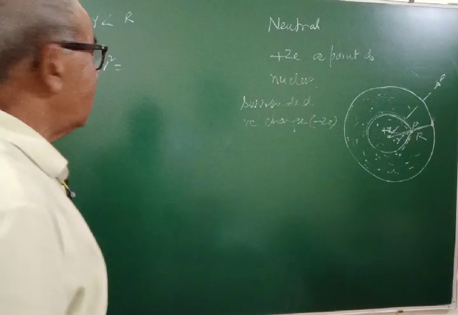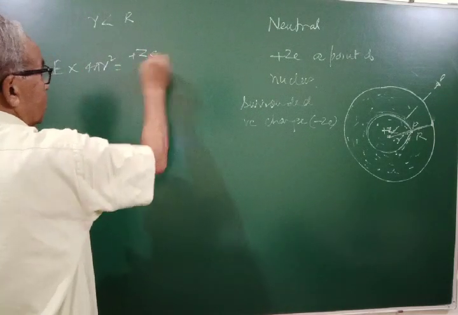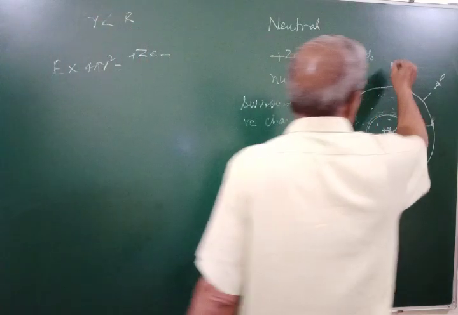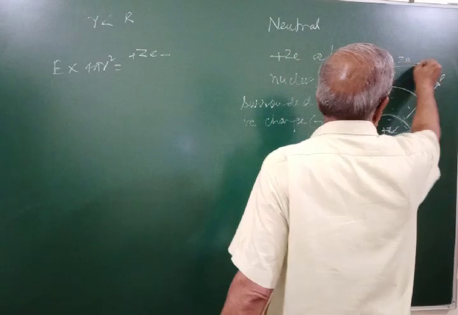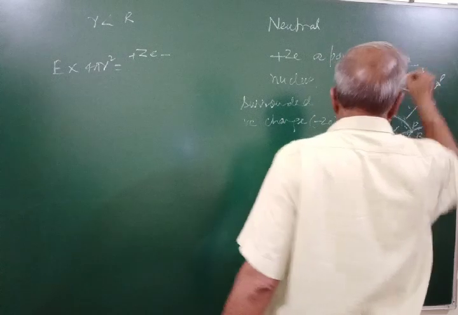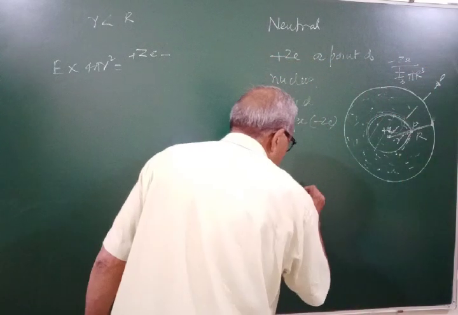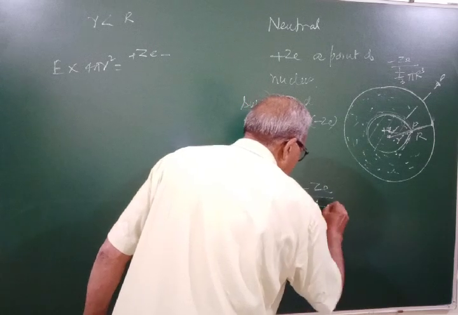How much is the charge? The charge of the nucleus Ze plus or minus Ze charge distributed over the whole 4 upon 3 pi R cube. The charge in this Gaussian surface is minus Ze upon 4 upon 3 pi R cube.